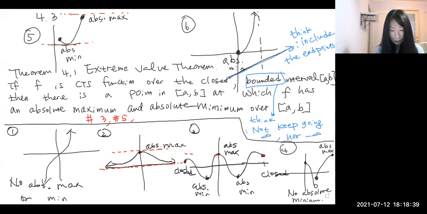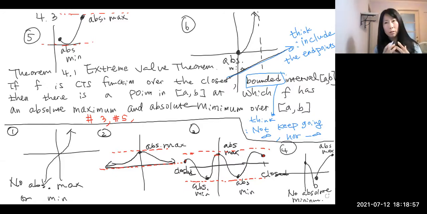I don't want to waste time on this one. Okay, so maybe we can draw it like that. Bounded above. This is bounded below. Continuous, that's the basic condition satisfied. Continuous, closed, and bounded.